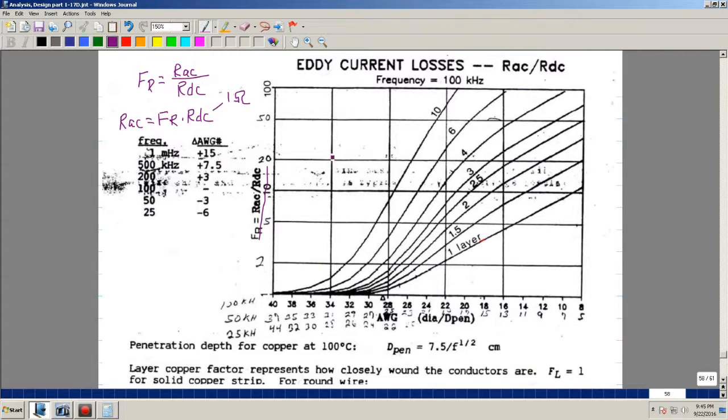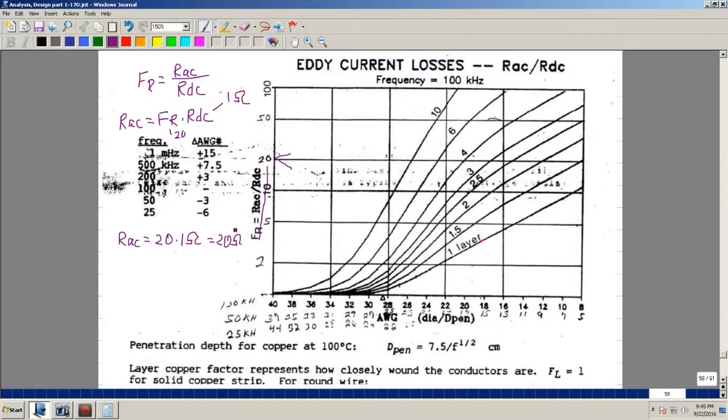Let's say you look up the plot and you have an FR of 20. Well, now your AC resistance is 20 times 1 ohm equals 20 ohms. So now your resistance has increased by a factor of 20. That's a lot. Okay? So this is what the y-axis tells you.